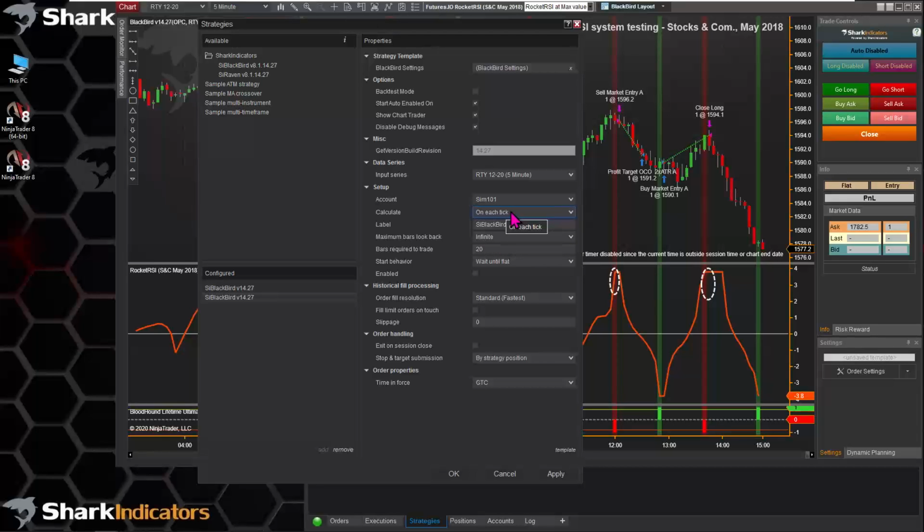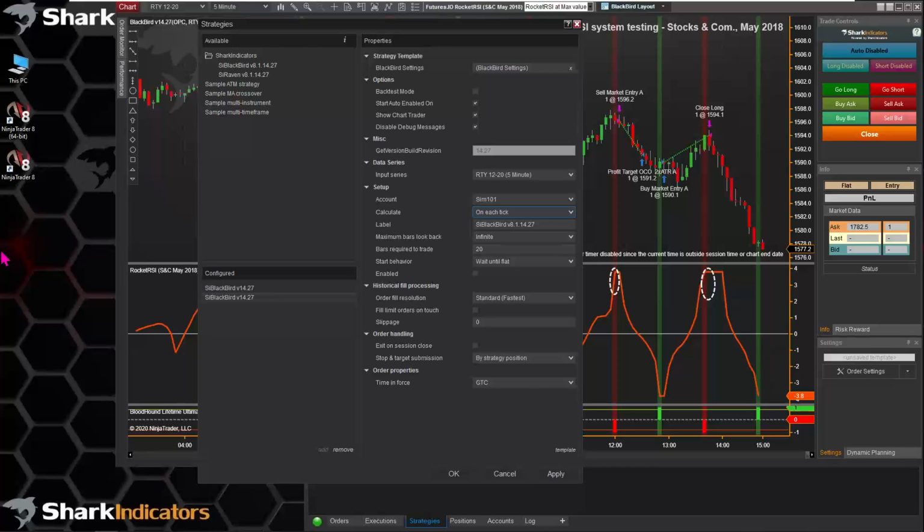So just a little side note: if you are using volume profile or order flow type indicators, most of those do require the calculate to be run on each tick. Again, these are NinjaTrader type questions. All right, next question.